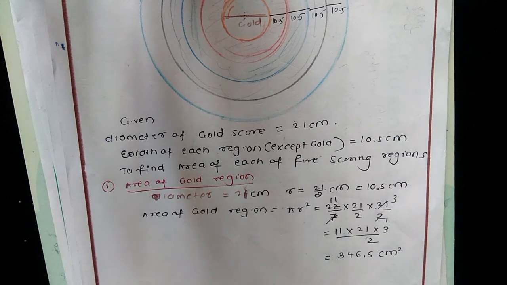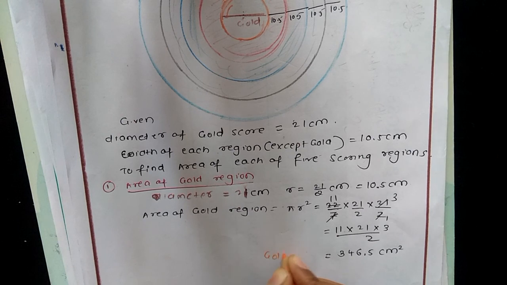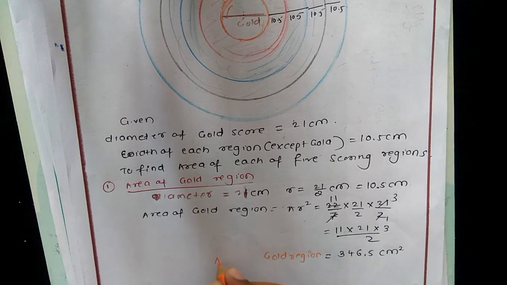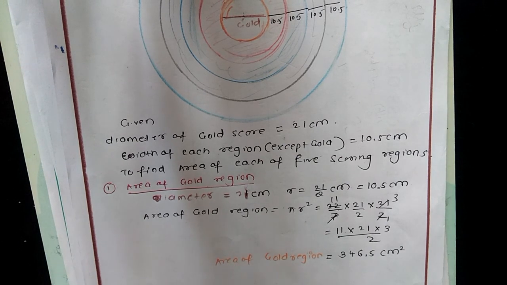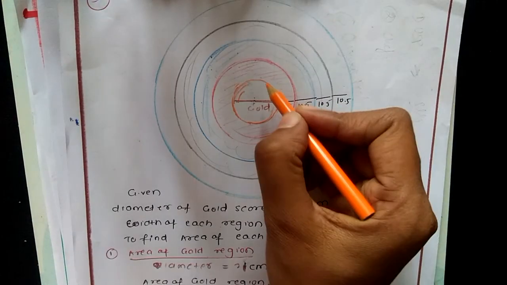So this is the area of the gold region. I'll write the gold region area here, and put it in a bracket because I want it afterwards. Next, gold region over.